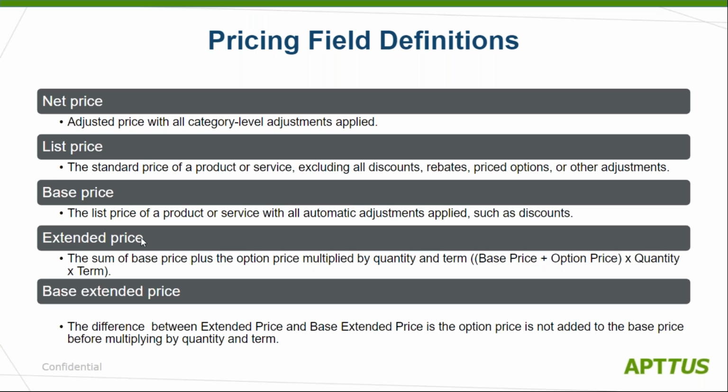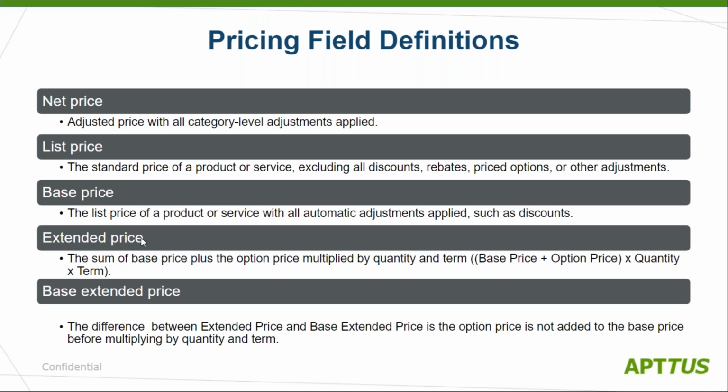I have worked on so many Aptus implementations, but I've seen that clients do not usually use the extended price and base extended price, because it is a bit confusing for the sales rep or the customer to see the extended price.